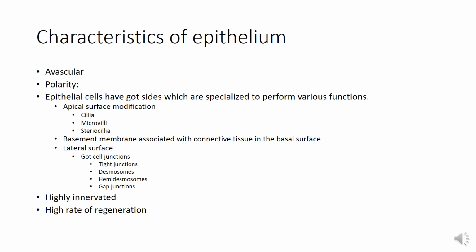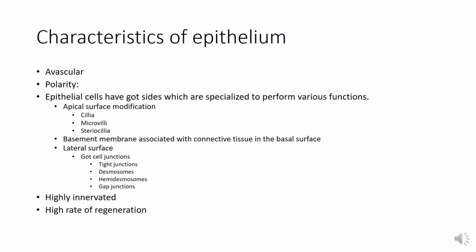Now what are the characteristic features of the epithelium? It is avascular. So it gets its nutrition by the diffusion from the underlying connective tissue. The epithelial cells have got polarity, means the epithelial cells have got sides which are specialized to perform various functions.